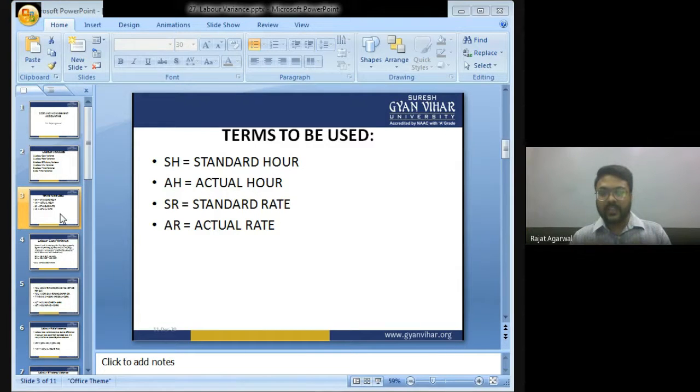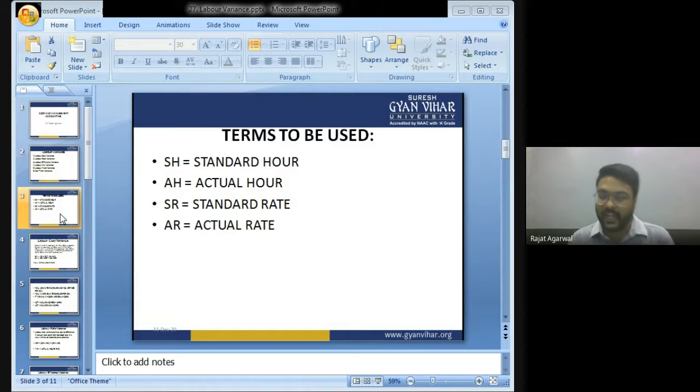Standard hours means the hours which are set to complete one job. Actual hours means the hours which the employees actually consumed to complete that one job.